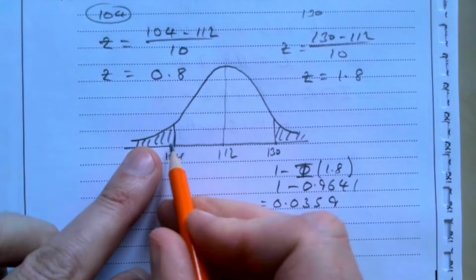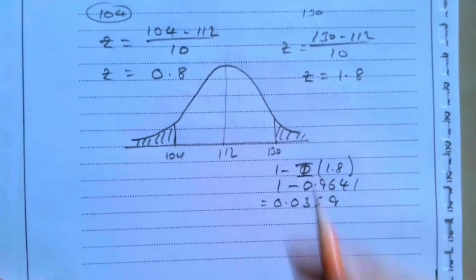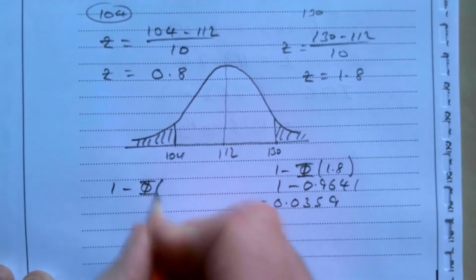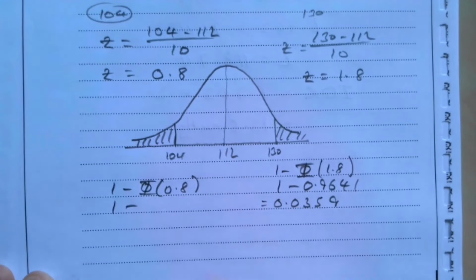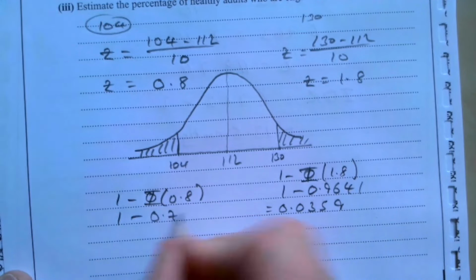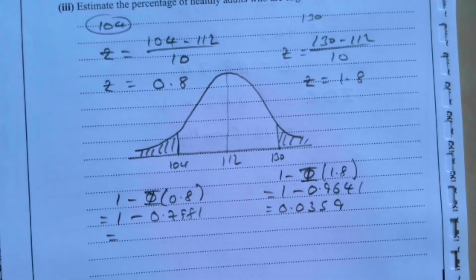And then for this one again we're going to have to flip this using symmetry, so we go on the other side of there, and it's going to be 1 minus 0.8. The value here for 0.8 is 0.7881, so that gives 0.2119.